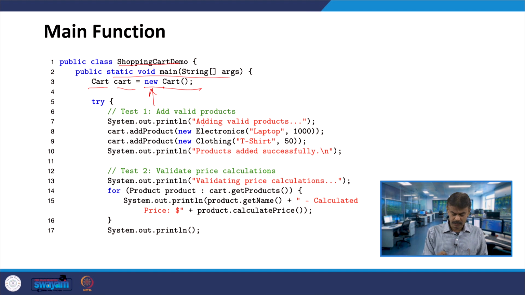Here I am using System.out.println, which will print "Adding valid products". Now the cart object is invoking addProduct. Here you have the constructor Electronics, where you are passing laptop and 1000.